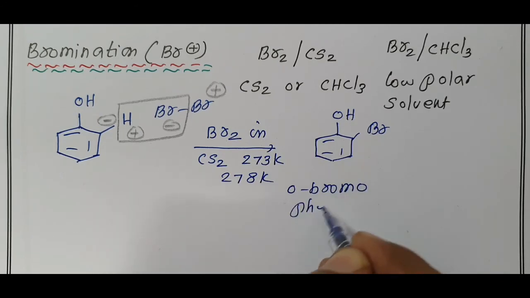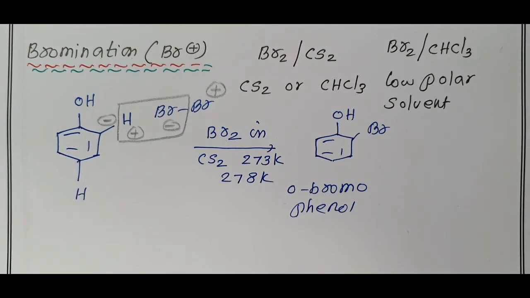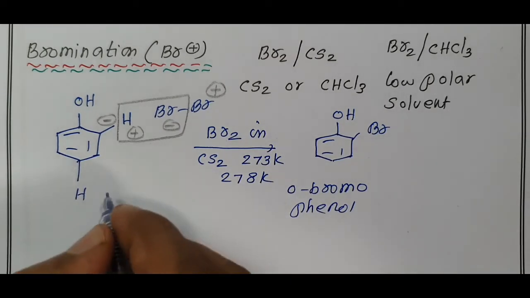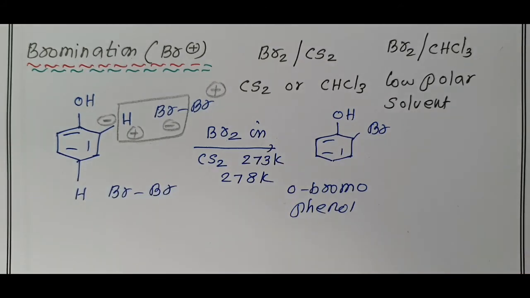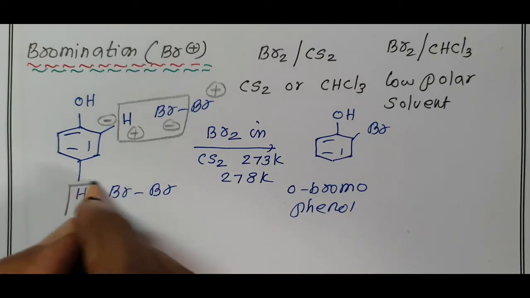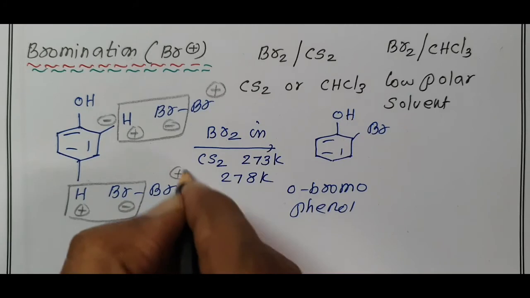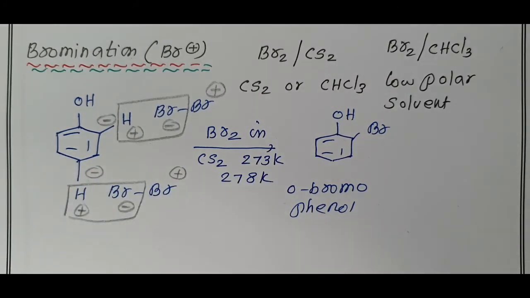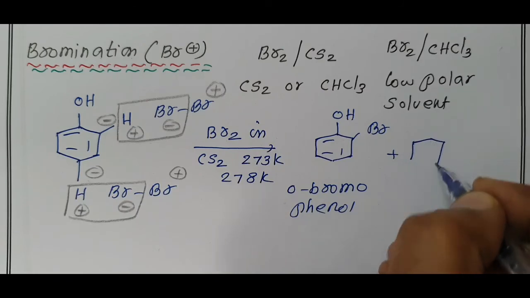Ortho-bromophenol. And again, from one para hydrogen, a separate product is obtained. It undergoes bromination with Br2, one para H plus and Br minus are removed as HBr. This plus is added to this minus, giving C6H4.